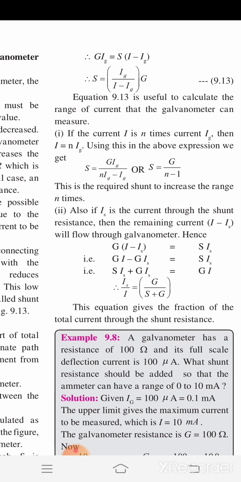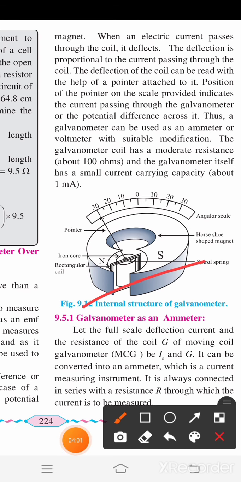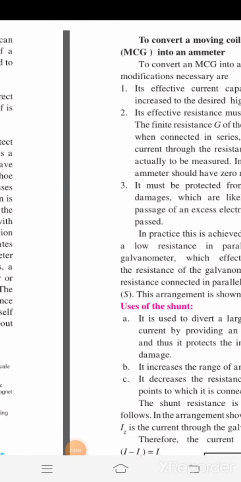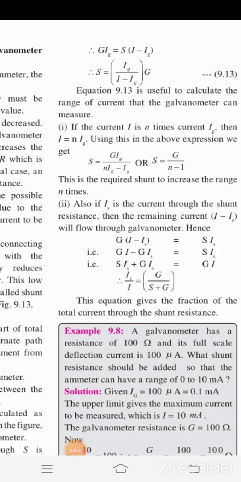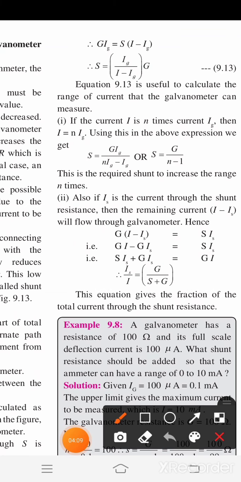Second, if Is is the current through the shunt resistor, then the remaining current I minus Is will flow through the galvanometer.